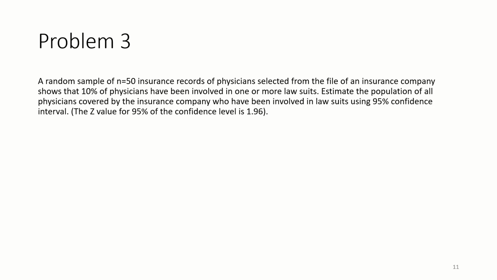So, a random sum equal to 50, 10%, 95%. Okay, so basically we have a normal distribution curve.